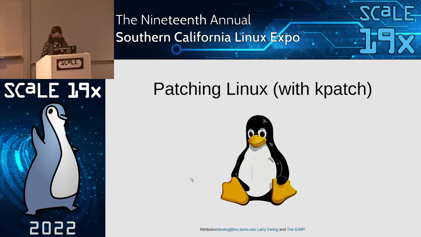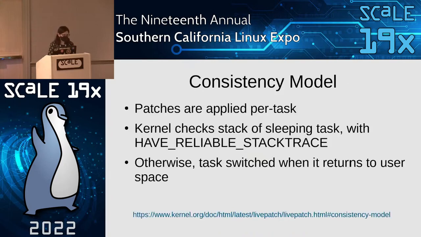Then finally, I'd like to finish with patching Linux with Kpatch. So I didn't go into this as deeply as I did with Zen. The consistency model: there's a live patch framework in Linux that is somewhat common between the different tools. With this, patches are applied on a per task basis.